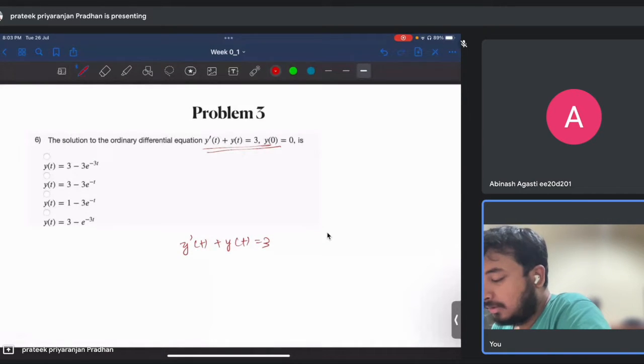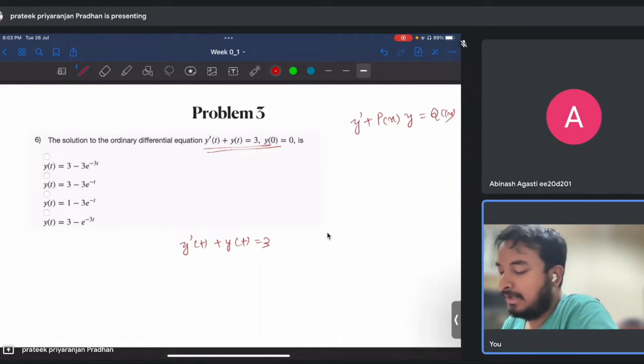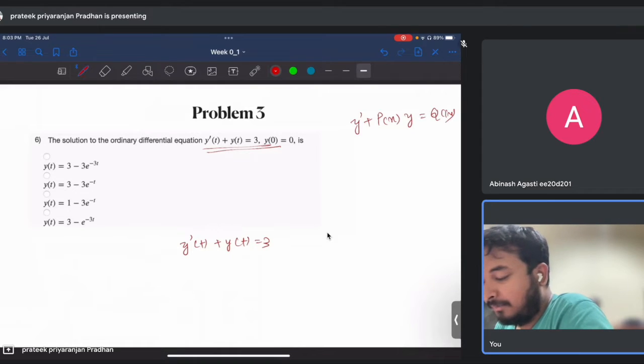If the problem statement is in the form y dash plus p of x into y is equal to some q of x, I am not going into much detail on the derivation of the formula.